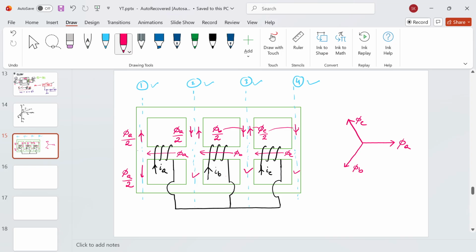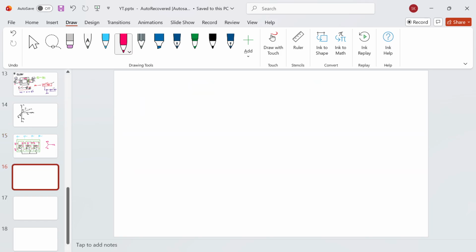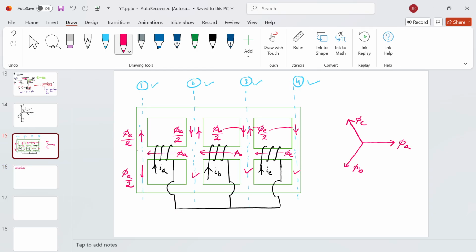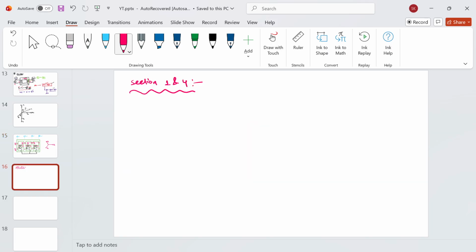Now let's comment on section 1 and section 4. In section 1 I have flux phi A by 2, and in section 4 I have flux phi C by 2. Magnitude-wise, for section 1 the flux is phi A by 2, which is phi m by 2.